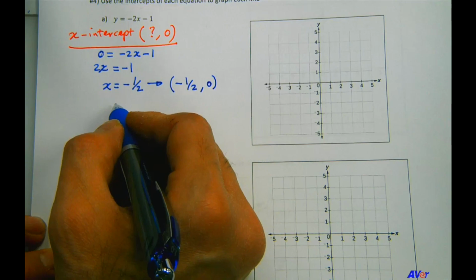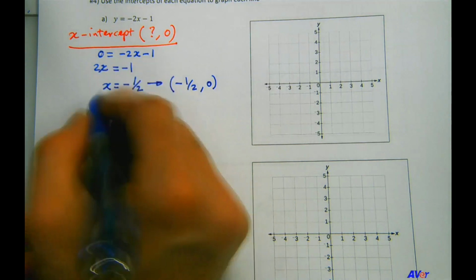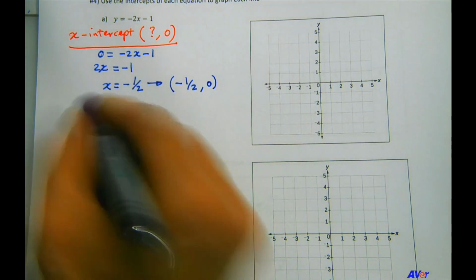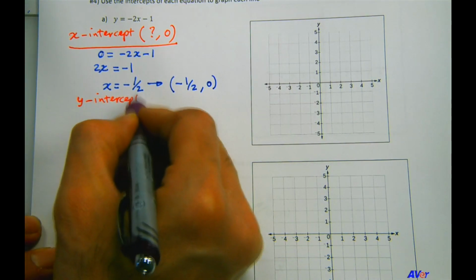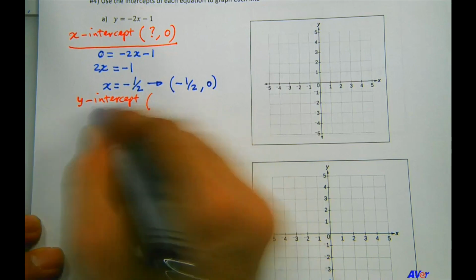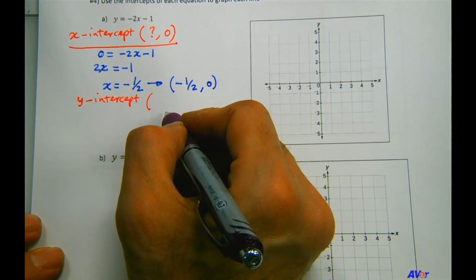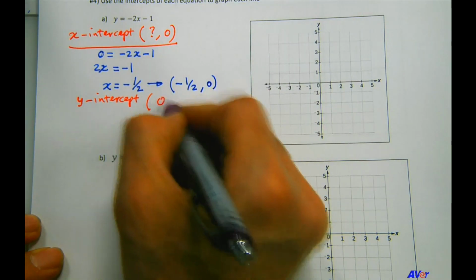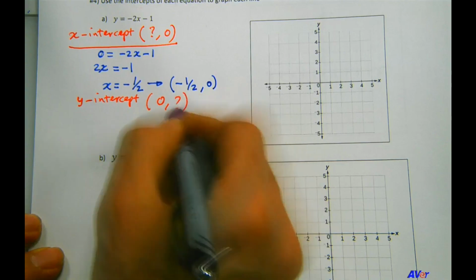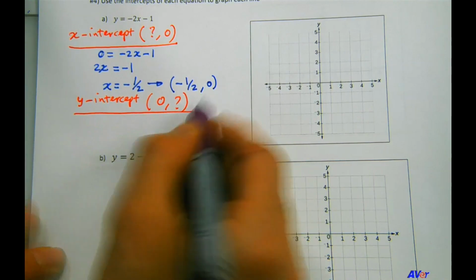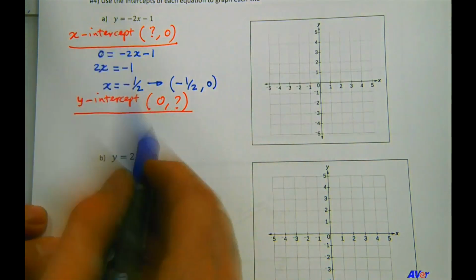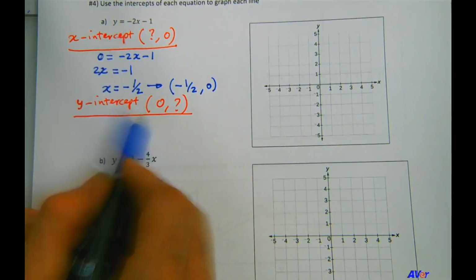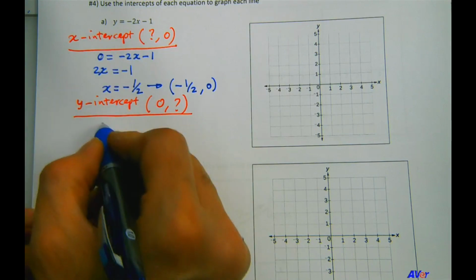Okay, let's see. All right, so the y-intercept, which component of the y-intercept should be 0, x or y? If you said x, you're absolutely correct. And then we're going to look for y. Okay, so let's substitute in this equation for x with 0 and solve for y.